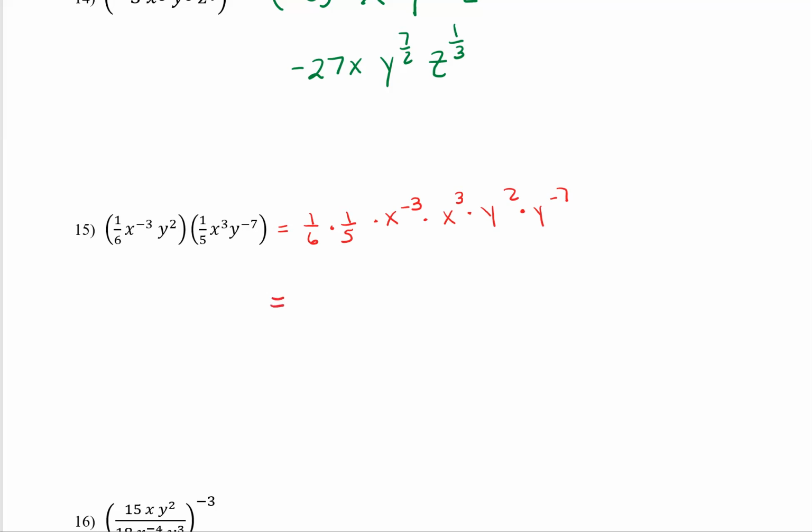And then 1/6 times 1/5 is 1/30. Negative 3 plus 3 is 0. X to the 0 is 1. So I'm not going to write times 1. And then 2 minus 7 is negative 5. So if I write that in the denominator, the exponent is positive.